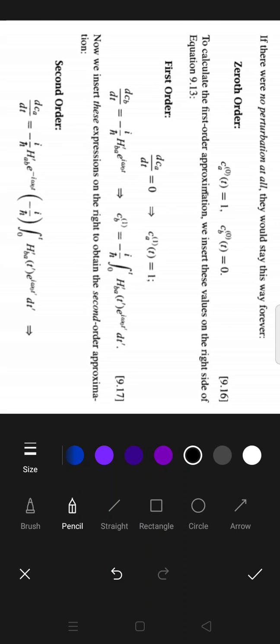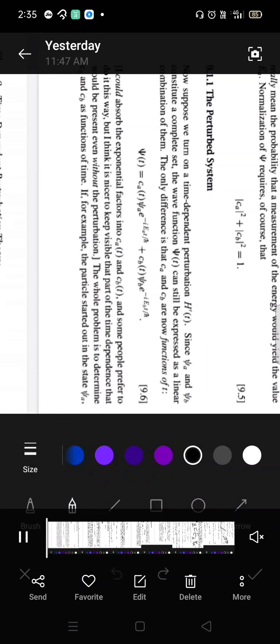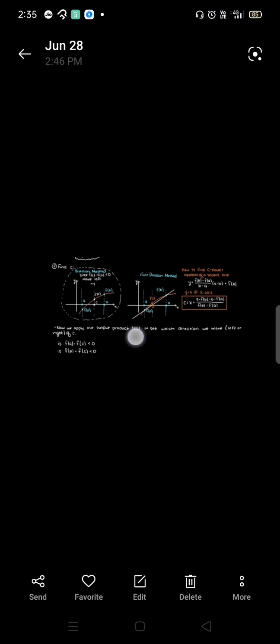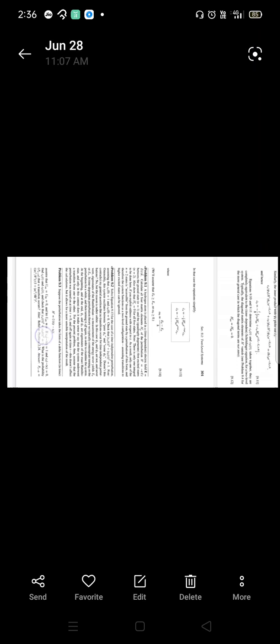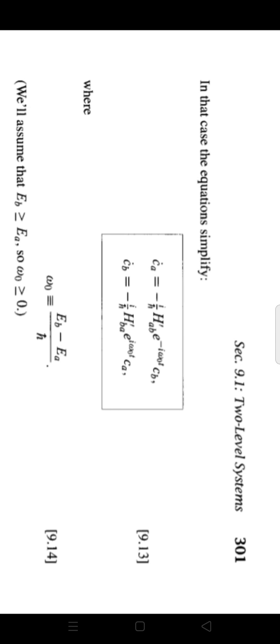So what is 9.13? Let me see. So this is the 9.13th equation. Please note down these equations, Ca dot and Cb dot. Please write them down in your notes right now.